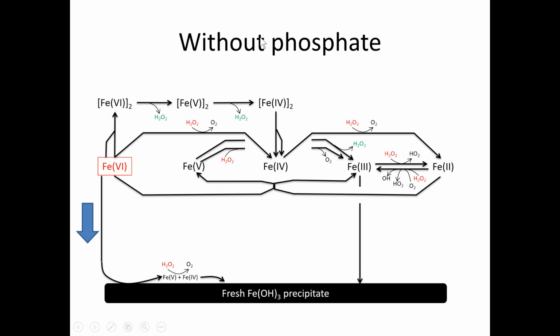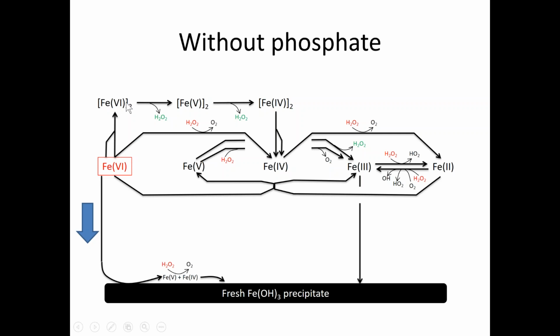So here's a little bit about how the chemists explain all this, and I apologize, I'll show you a couple of figures like this and then we'll get rid of the chemistry. But for those of you who are interested in what's happening, the ferrate that we add to water is down here, the red box, Fe+6. It does some unusual things chemically.